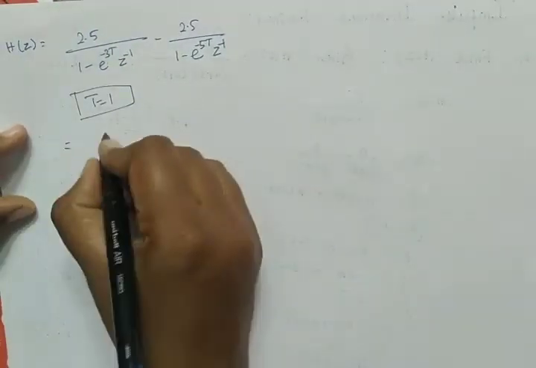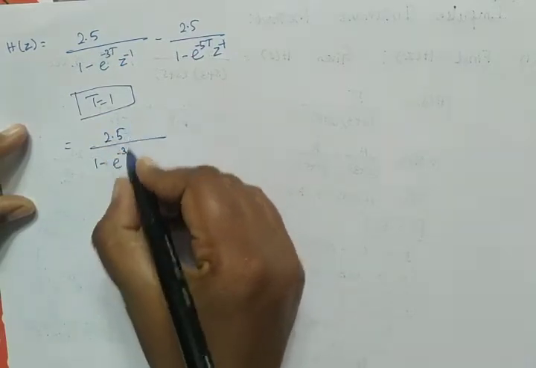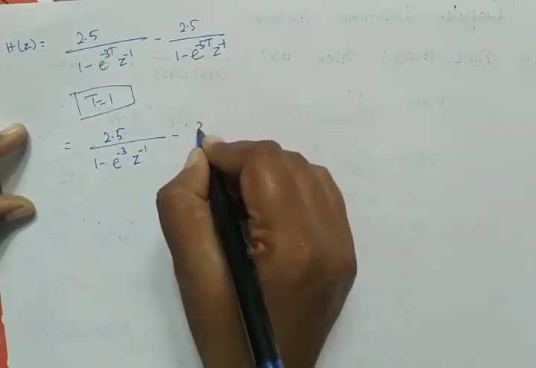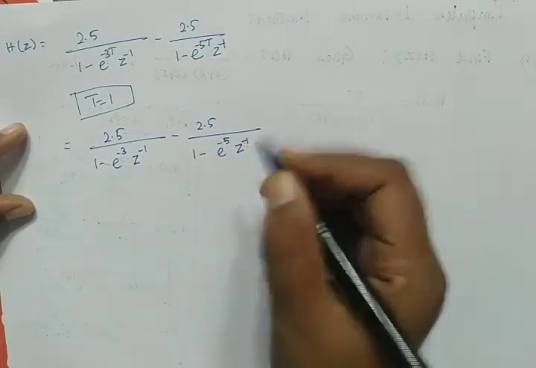So that is equal to 2.5 divided by 1 minus e power minus 3 z inverse, because T will be 1, minus 2.5 divided by 1 minus e power minus 5 z inverse.